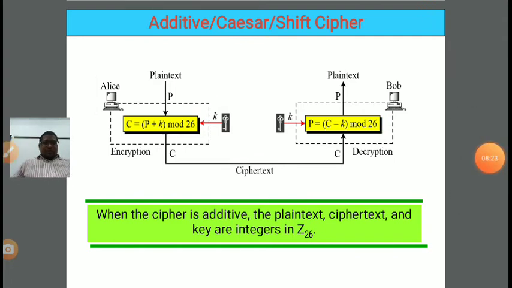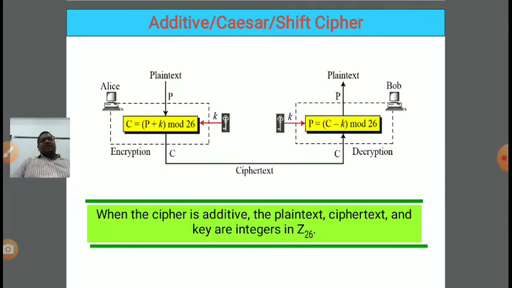Since the name is shift cipher, it means we are taking a key and we will keep on adding the key to the plain text, which will generate the corresponding ciphertext, alphabet by alphabet. Since it is a monoalphabetic cipher, every alphabet in the plain text will be replaced by the same alphabet in the ciphertext.